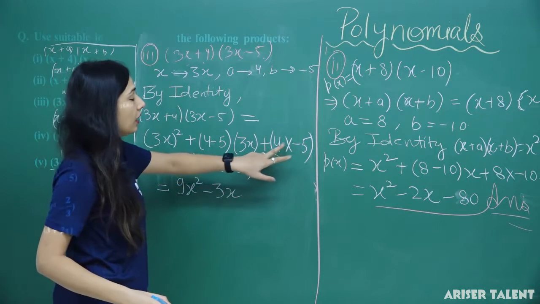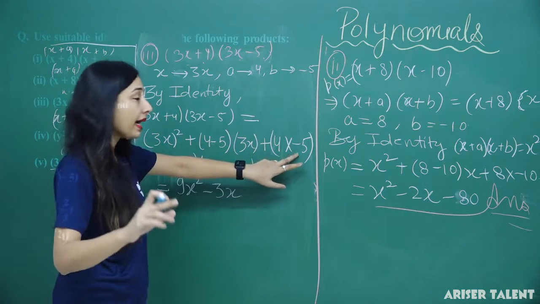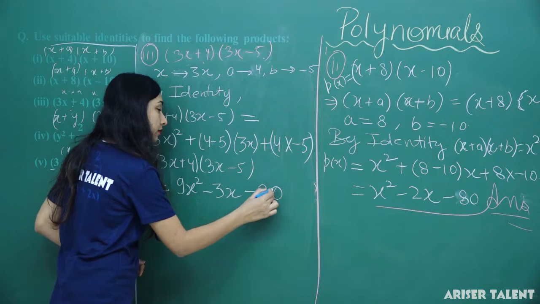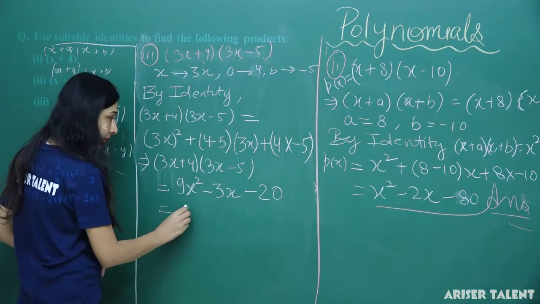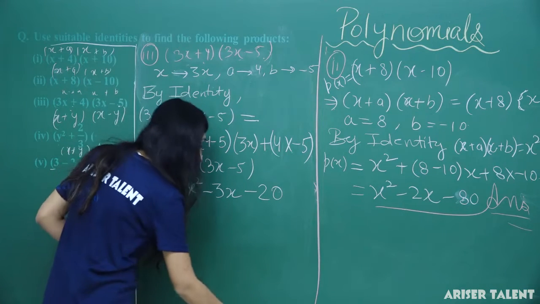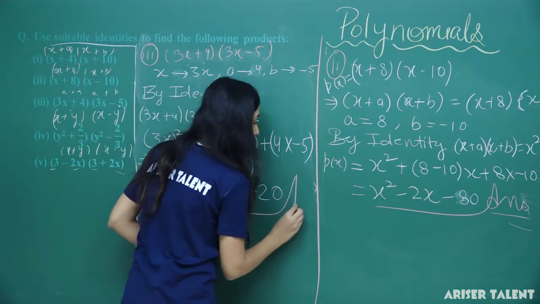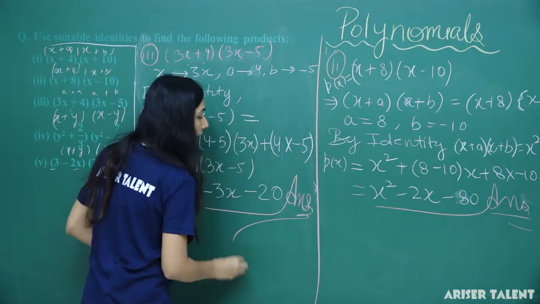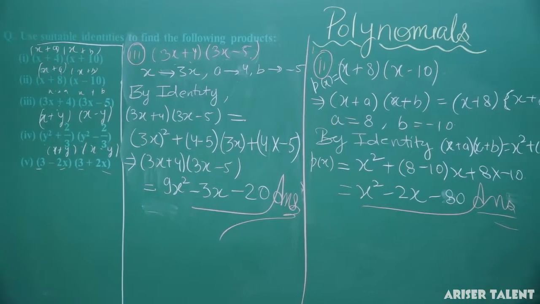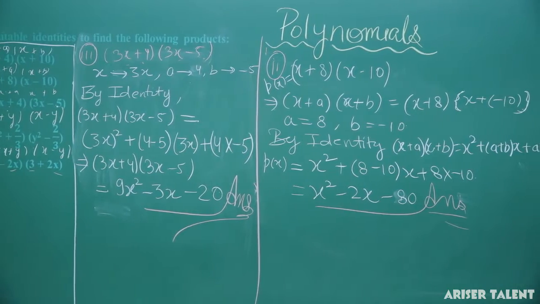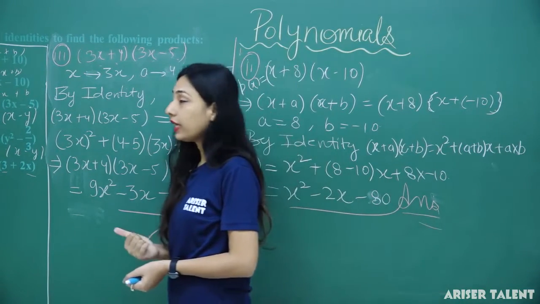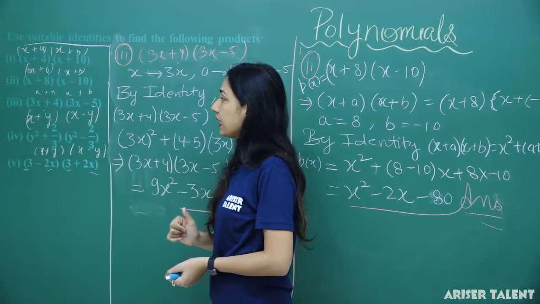Now plus and minus, again minus, 5 fours are 20. So minus of 20, that will be 9x square minus 3x minus 20, and that will be your answer. Now you can do all these 3 questions on your own. These kind of questions you can just practice from the sheet. Okay, you get many more questions like this.